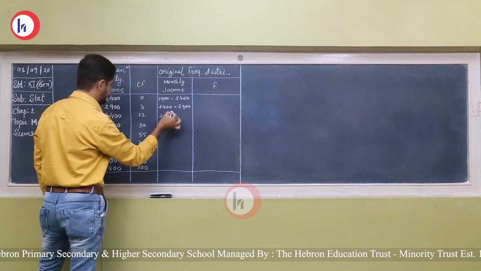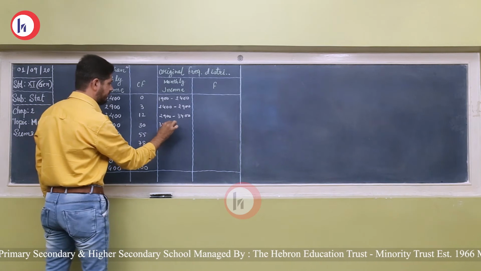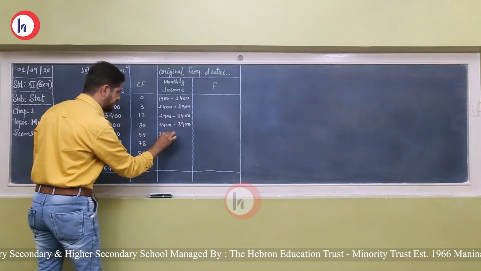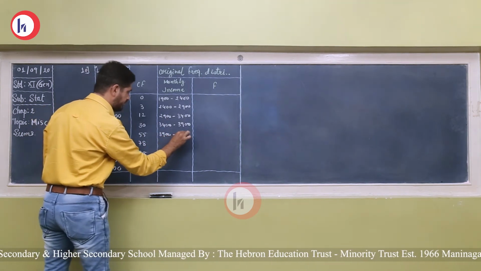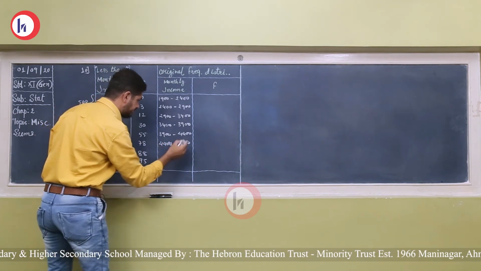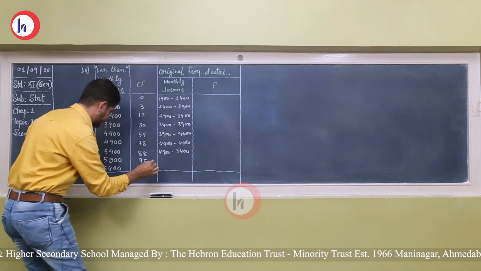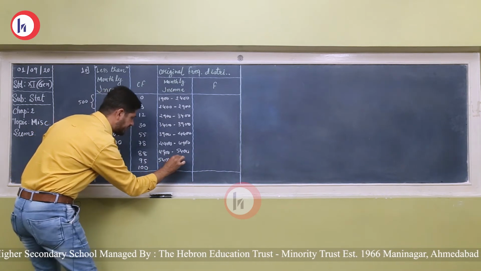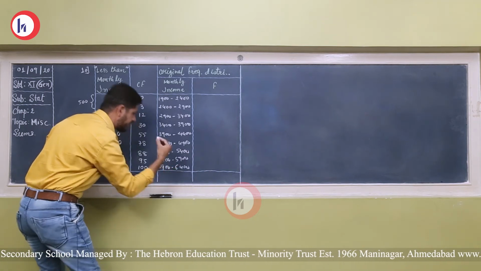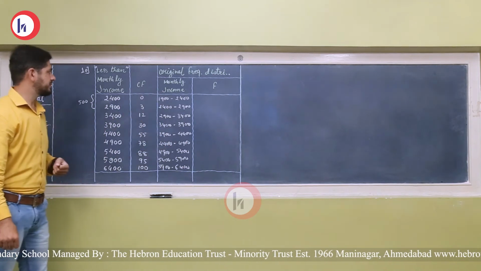So 2900 dash 3400, 3400 to 3900, 3900 to 4400, 4400 to 4900, 4900 to 5400, 5400 to 5900, and finally 5900 to 6400. So we have got the classes of monthly income.